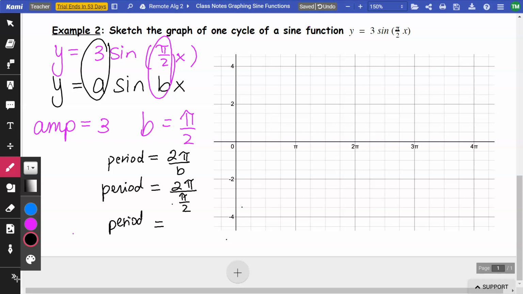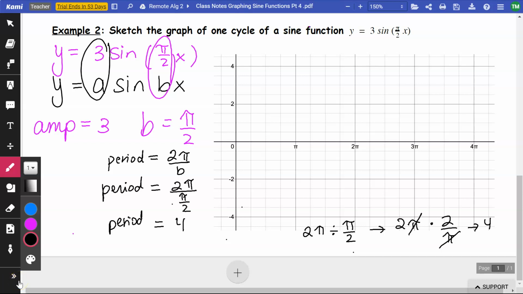So I'm going to do that work off to the side here. So 2 pi divided by pi over 2 could be rewritten as 2 pi times 2 over pi. So pi divided by pi cancels. 2 times 2 is 4. So our period is 4. So that means that we have a horizontal distance of 4 within one cycle.